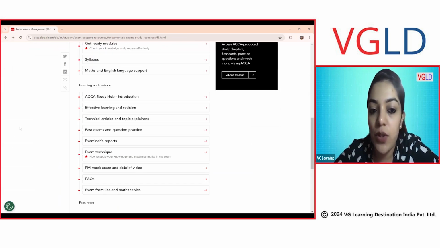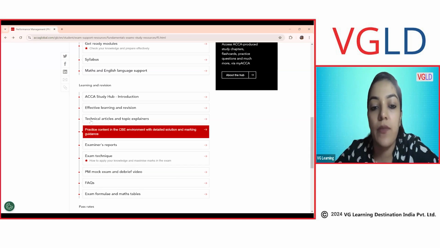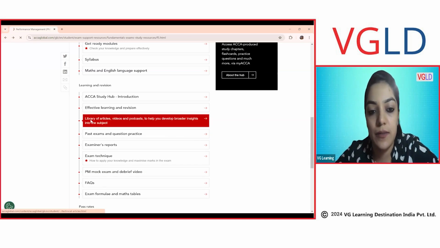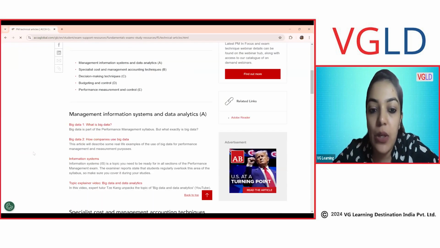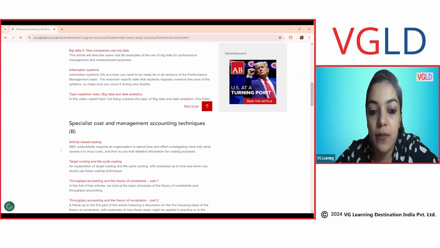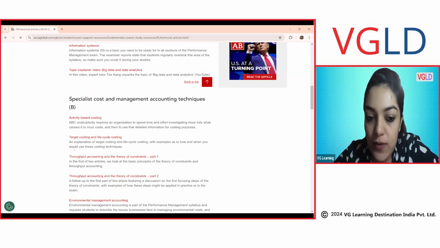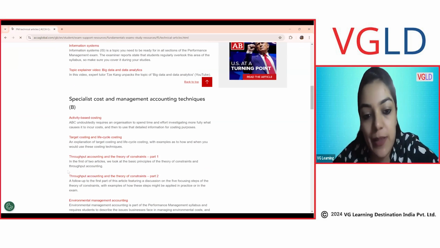Now, the next aspect which I want to discuss, the last aspect, is technical articles and topic explainers. So if I just click on it, you will see a long list of hyperlinks over here: big data, information system, activity-based costing, target costing, throughput accounting. And let me tell you, these are all topics in your syllabus.